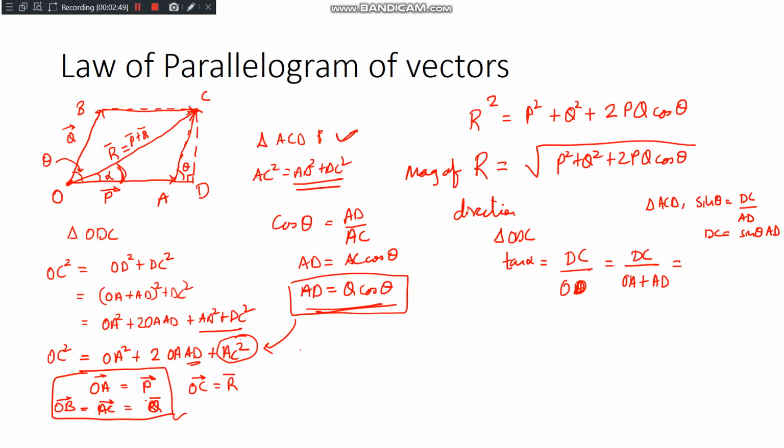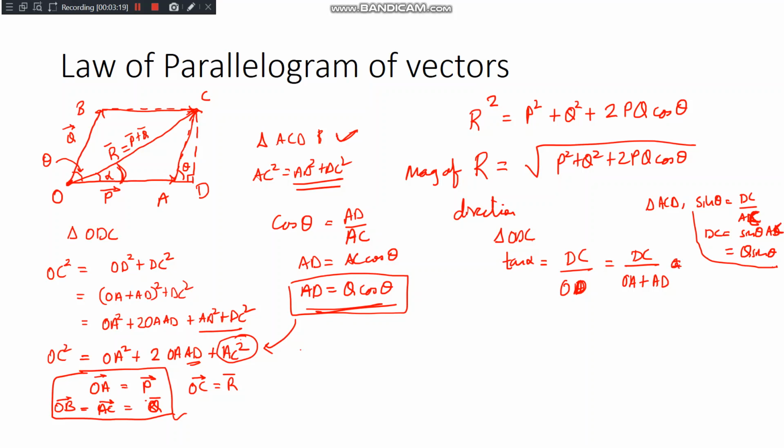So we got DC upon AC, sorry, not AD, AC. It is opposite upon hypotenuse. Okay, so DC upon AC, and AC vector is nothing but Q. So I can write DC की जगह पे Q sine theta.